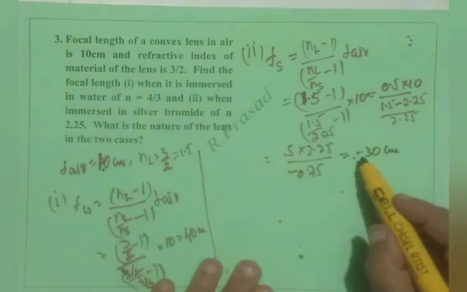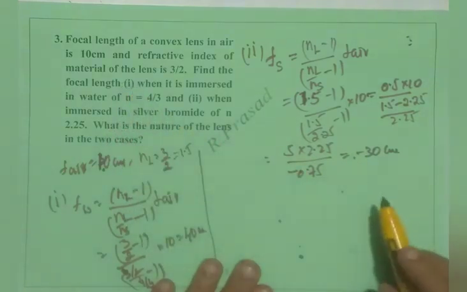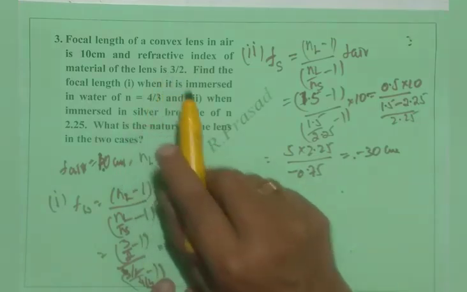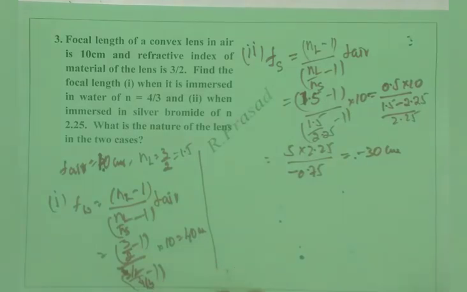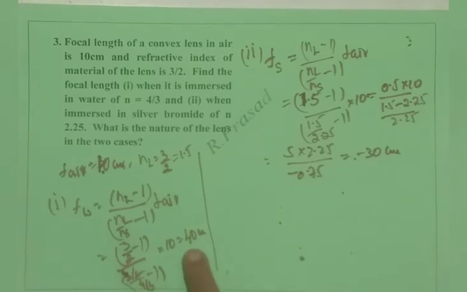Observe, even though it is a double convex lens, the focal length we are getting now is minus. That means the lens property, either converging or diverging, depends on the surrounding medium. In the first case, when it is immersed in water, it is positive 40, which means it is again converging.